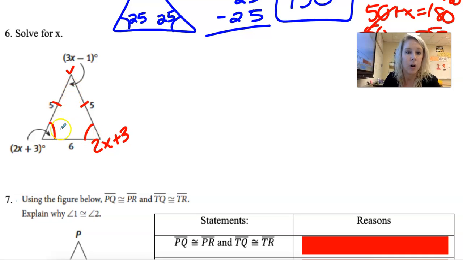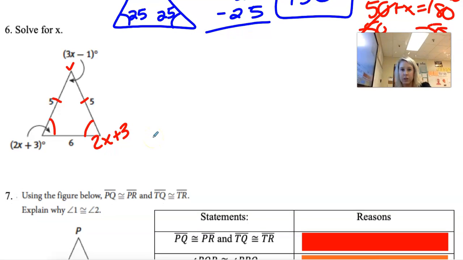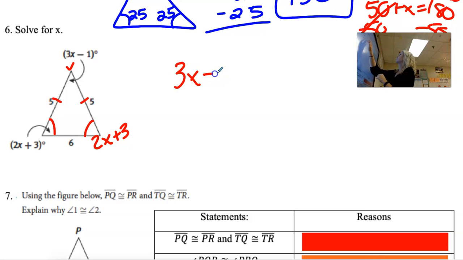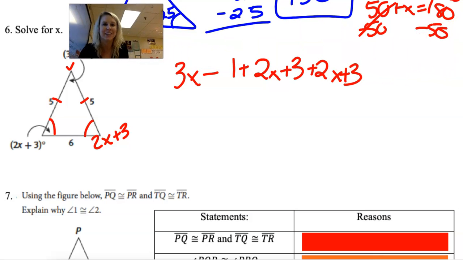So now I know all the measures of the inside of my triangle, so I can use my triangle sum theorem to solve for x. So let's do that. 3x minus 1 plus my other angle 2x plus 3 plus my other angle 2x plus 3 equals 180.